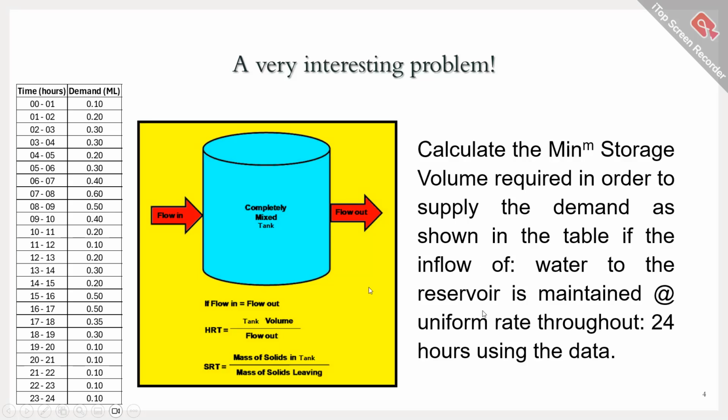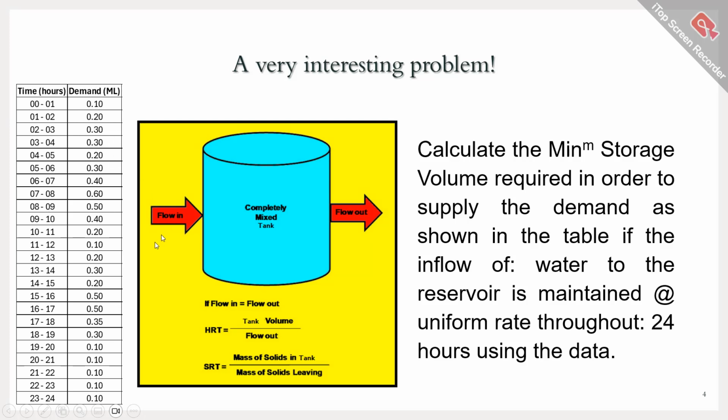But here you can see that it is not the steady state condition. So let's assume this voluminous tank is situated at a certain height from where, with the help of gravity, the water is flowing out and it is being supplied to the town to meet this demand that is given in the table.